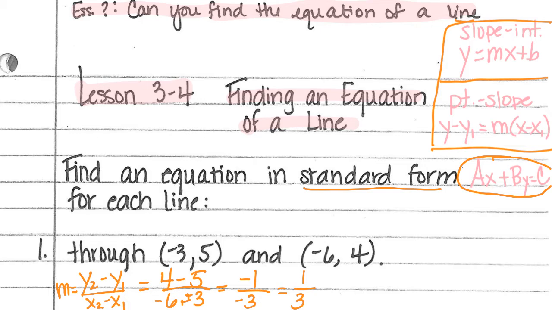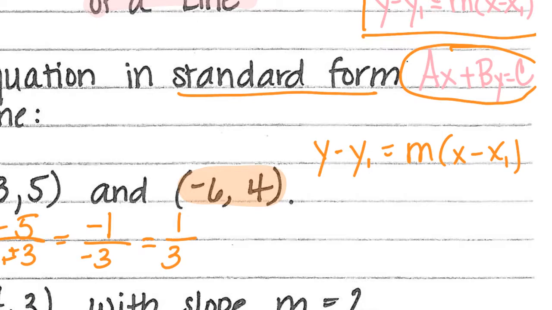Now, let's use point-slope form first, okay? Because I want to show you guys how easy this is and how quickly this works. I'm going to pick any point. It doesn't matter which one I use. I'm just using this one because it's closest to where I'm writing. I also know the slope is 1/3.